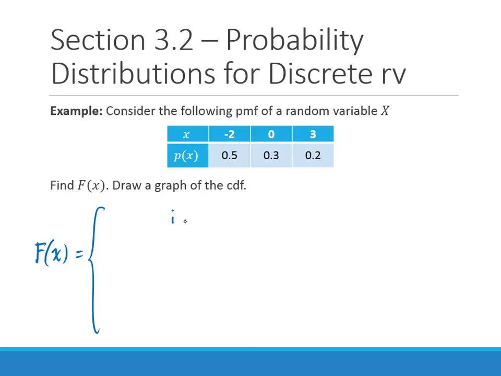So if x is less than -2, what is capital F of x? What's the probability of being less than -2? 0, right? I have no probability of being less than that.